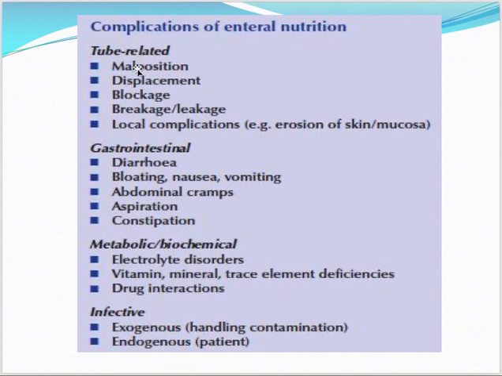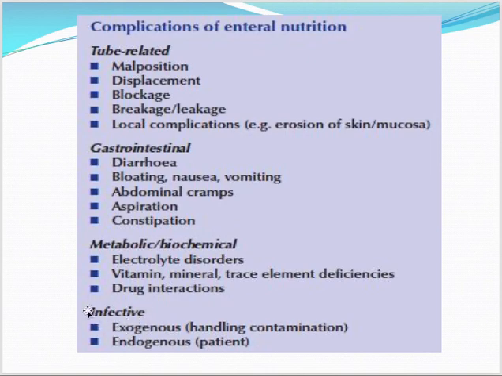Tube related, the tube can be malpositioned, displaced, blocked, can leak, or can cause some local complications like erosion of the skin and mucosa. What gastrointestinal complications can occur? Diarrhea, bloating, cramps, aspiration, constipation, electrolyte disorders, mineral, vitamin, and trace element deficiencies can occur, drug interactions can occur, or infections can occur.